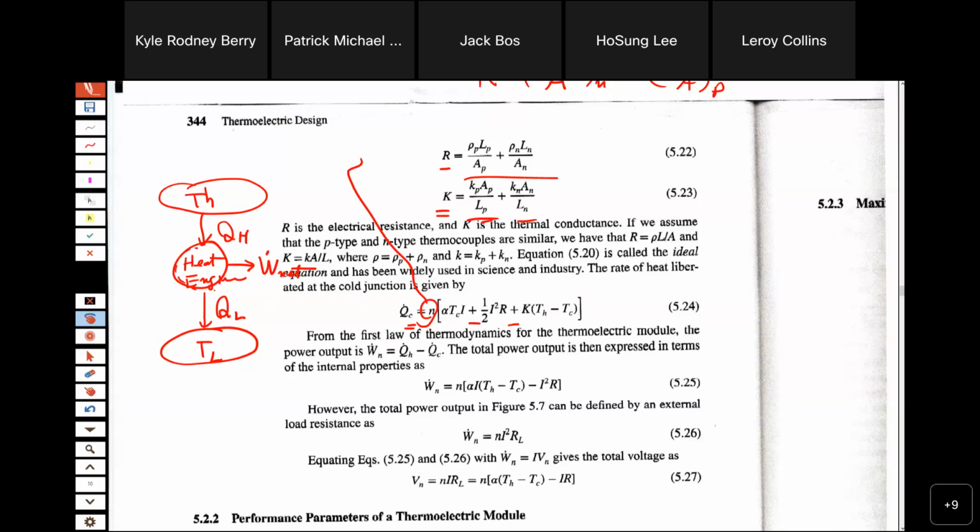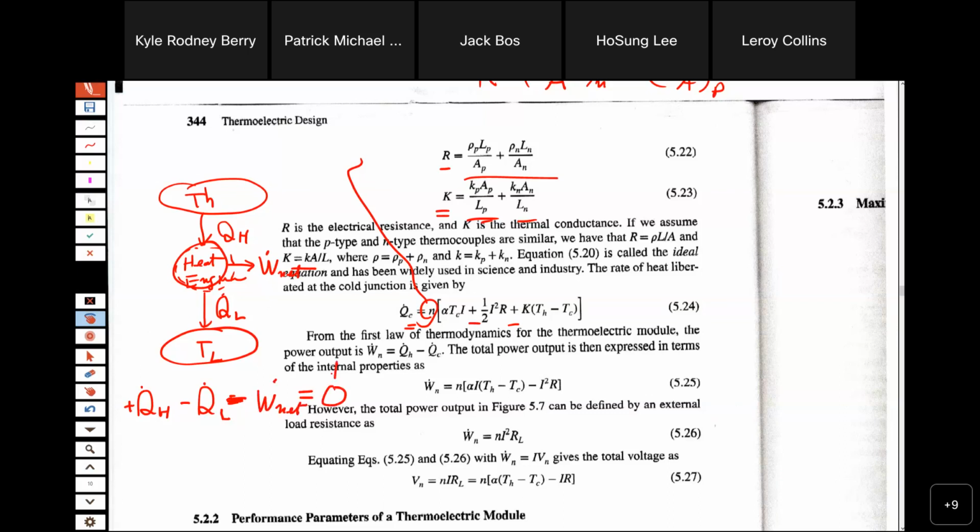According to the control volume here, QH is plus, QL is minus, and the rate of change is minus work net equal 0.